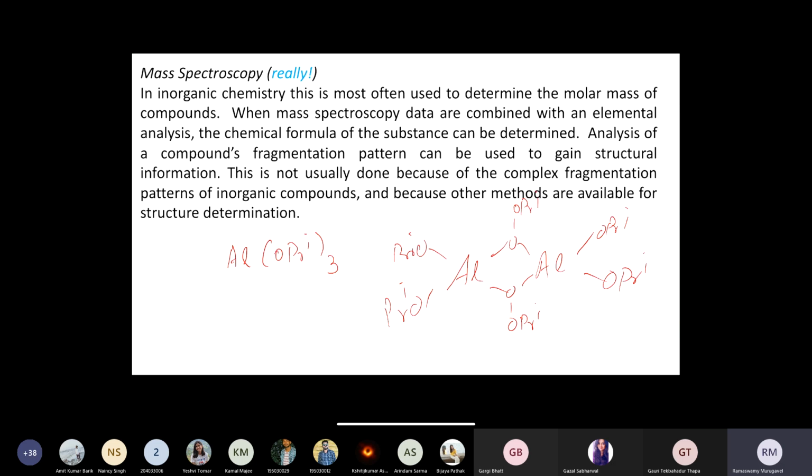Even if they are only held together by weak forces like hydrogen bonds or van der Waals forces, they can be studied by mass spectrometry. In my opinion, it is an extremely important technique for organic compounds, inorganic compounds, and biological compounds like proteins, because it gives a lot of information.